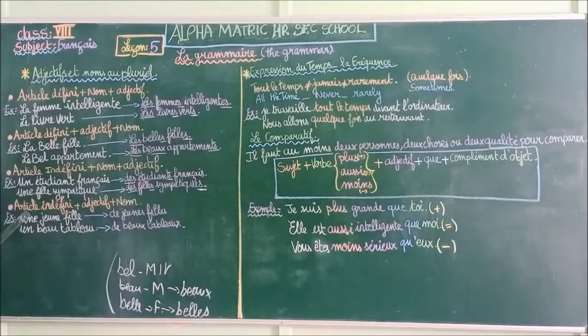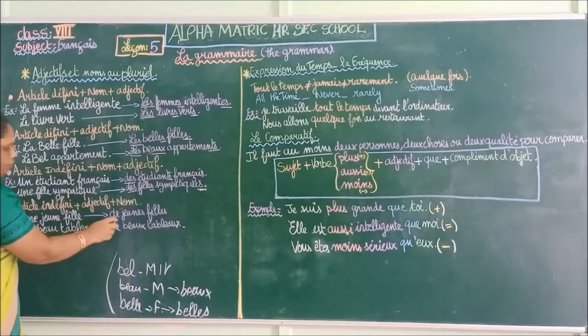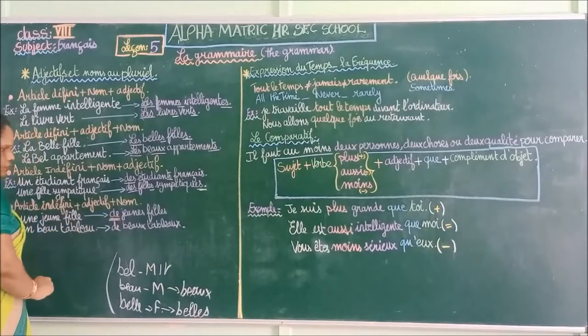Next one, article indéfini plus adjective plus nom. So, article indéfini plus adjective plus nom. Here you have the noun plus adjective. Here you have the adjective plus noun. Okay, so une will become DE.